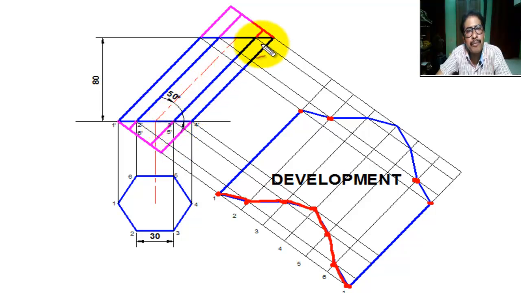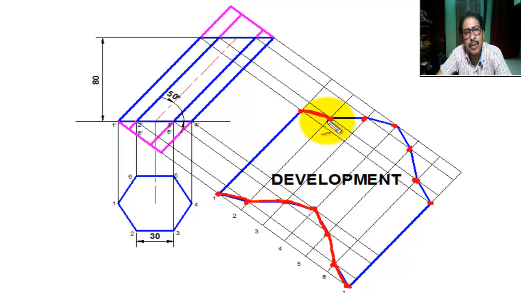This is 3 dash, 5 dash. From this point draw projection line. It cuts 3 number line and 5 number line. This is the 4 dash point. Similar way, from this point it cuts 4 number line.